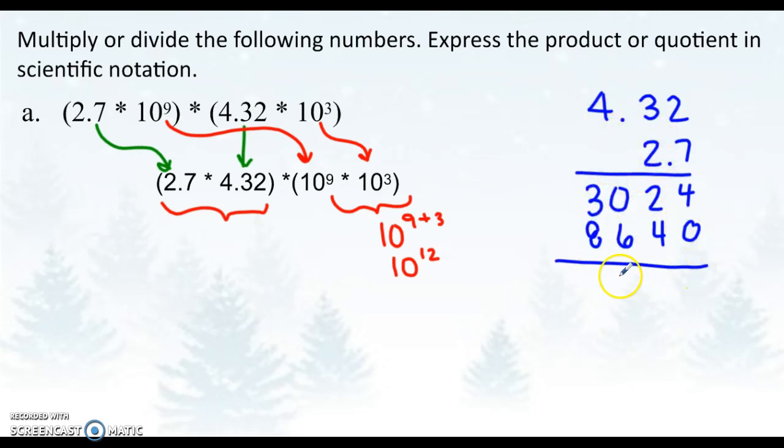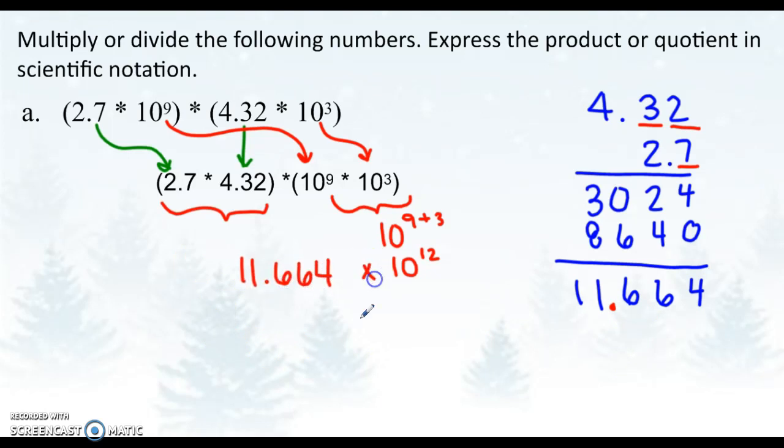Add them up. And then we're looking for the number of place values with decimals, so 1, 2, 3. So 1, 2, 3. 11.664. So I've got 11.664 times 10 to the 12th.